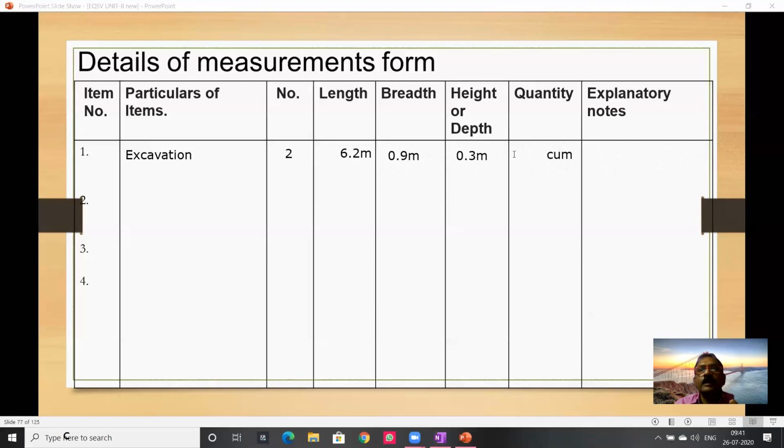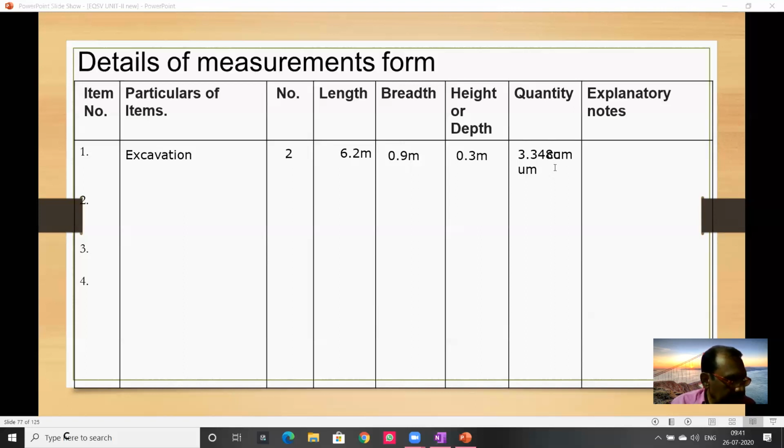So here you will get the value in cubic meters.